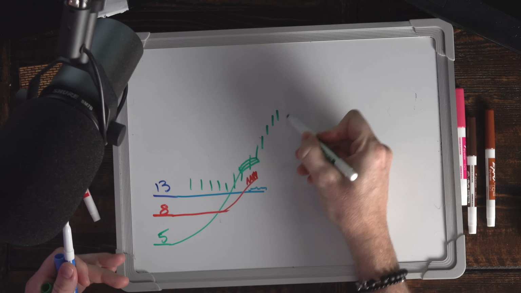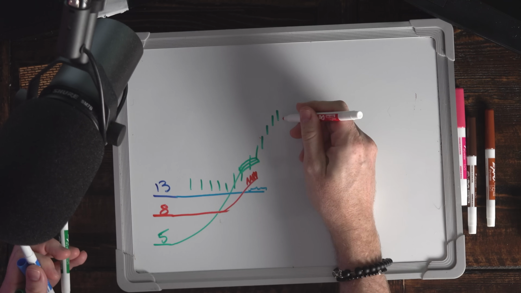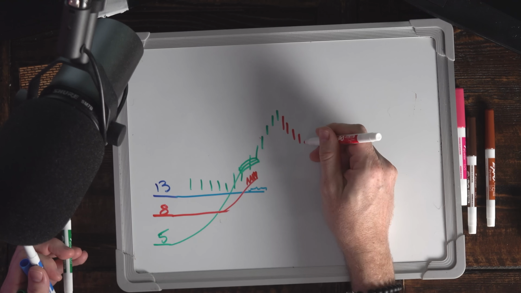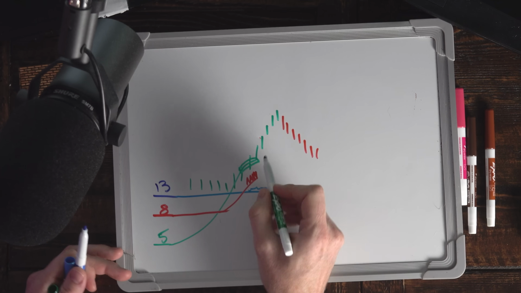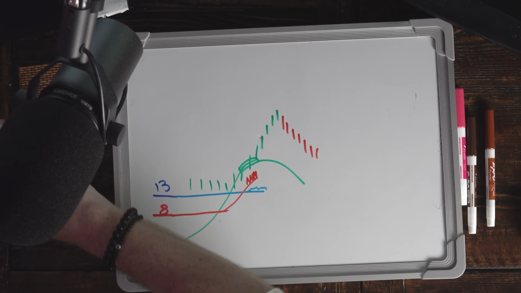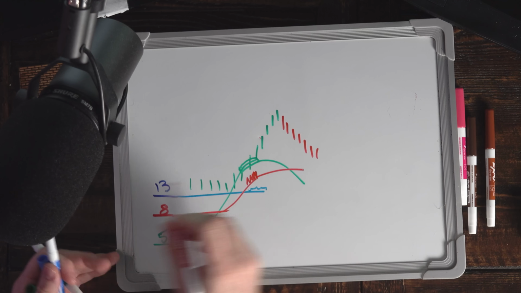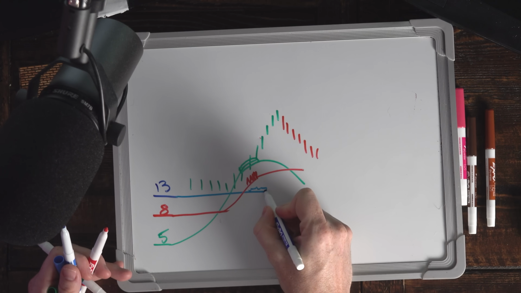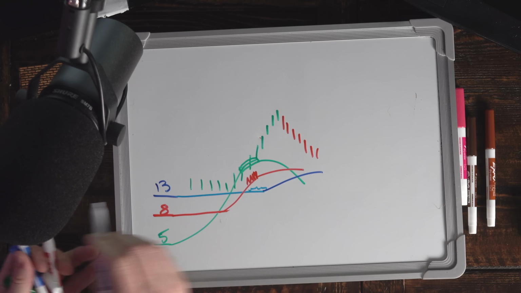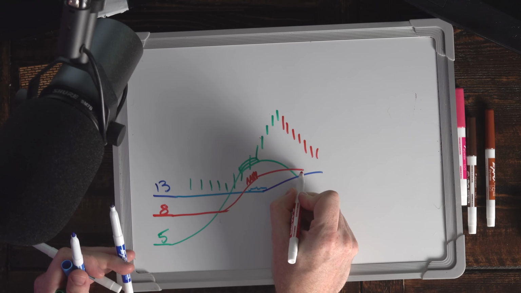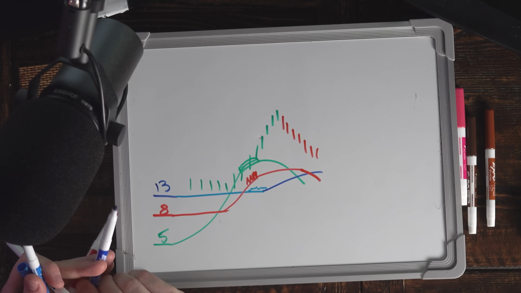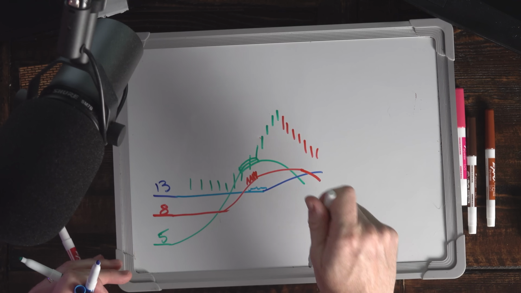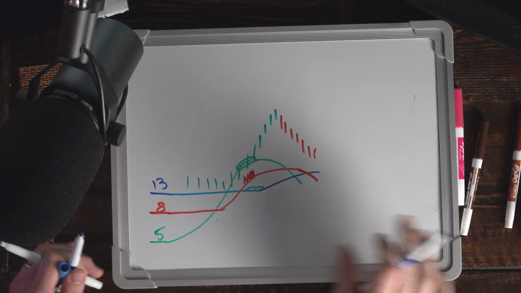Then you get a pullback, the price dips down and keeps going down, and you have a crossover back down. Now the alligator is said to be sleeping, diving back down and going to sleep.